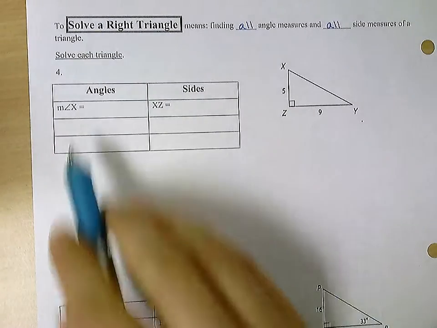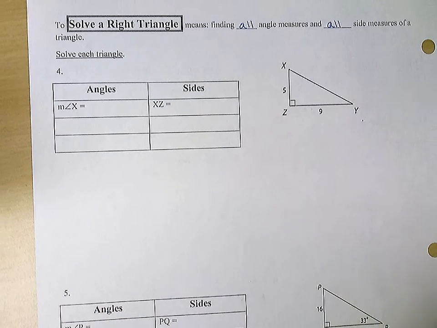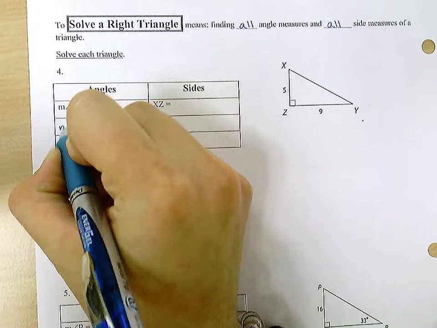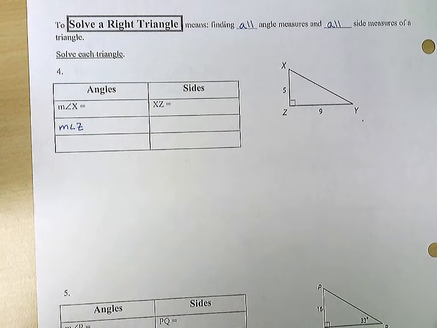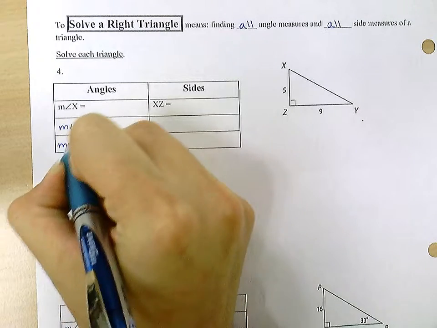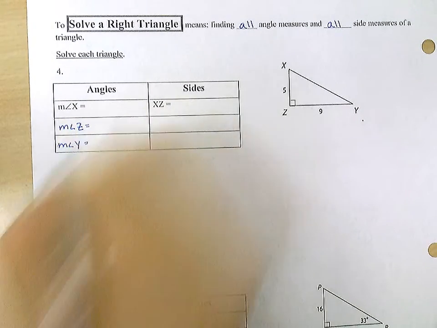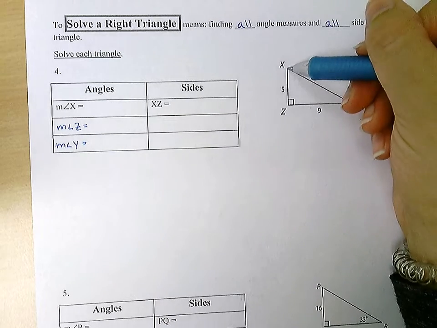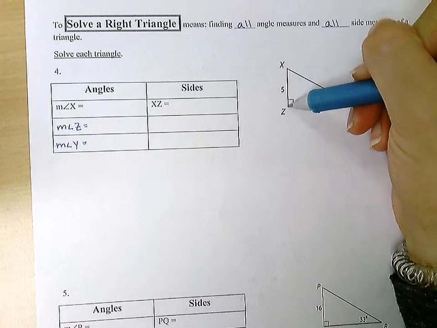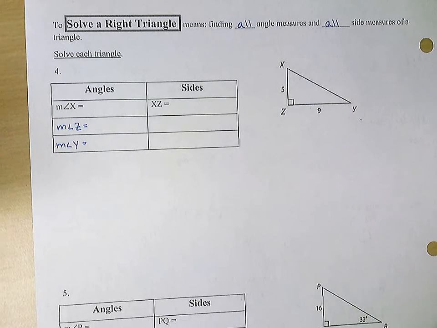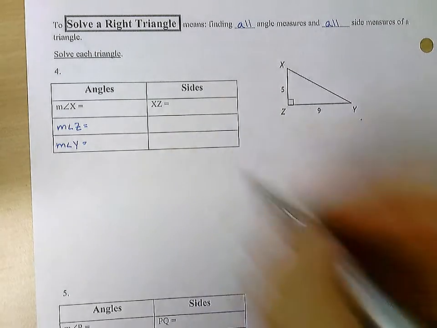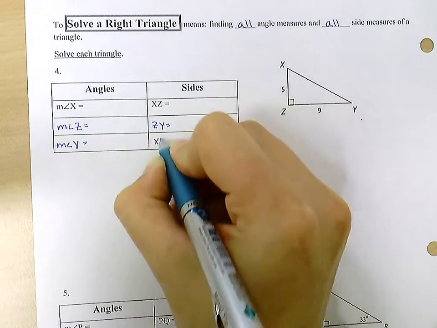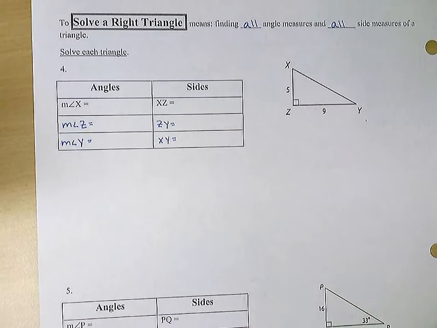So we want to find the measure of angle X, the measure of angle Z, and the measure of angle Y. For our sides, we want to find the measure of XZ, the measure of ZY, and the measure of XY, or YX.